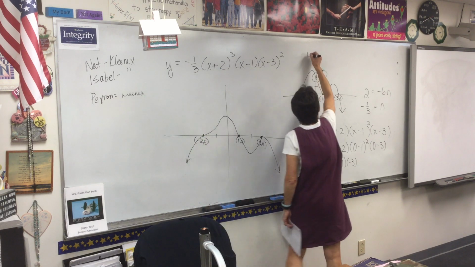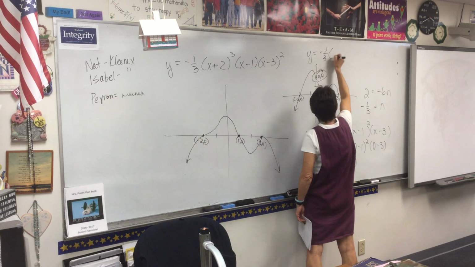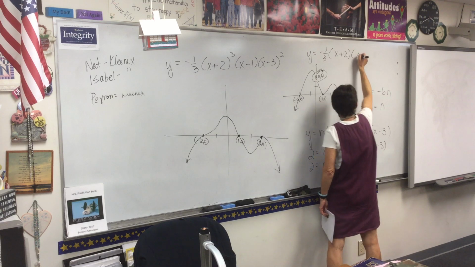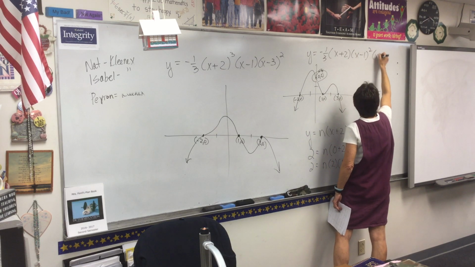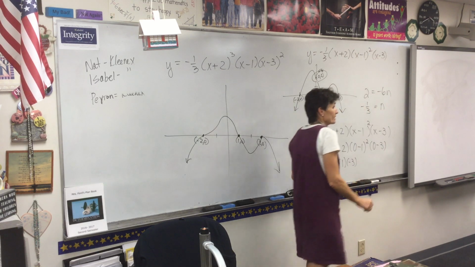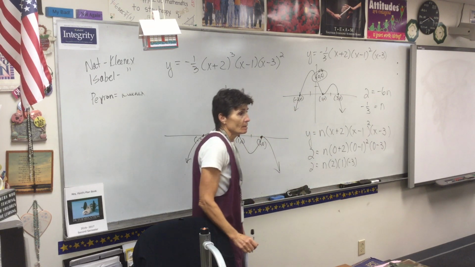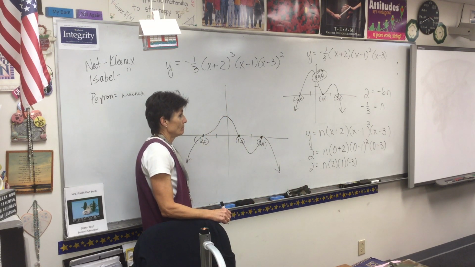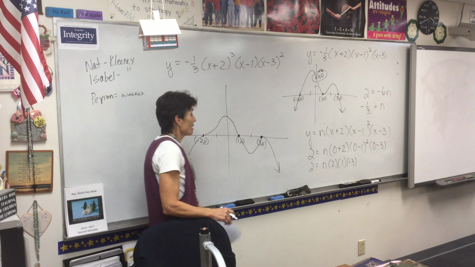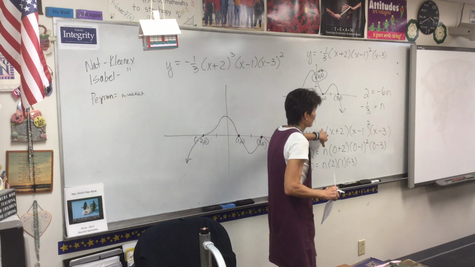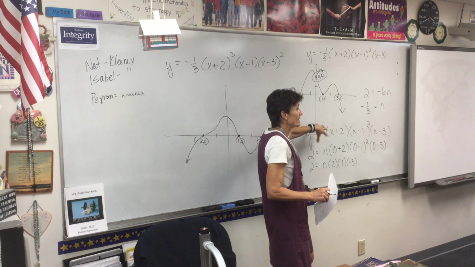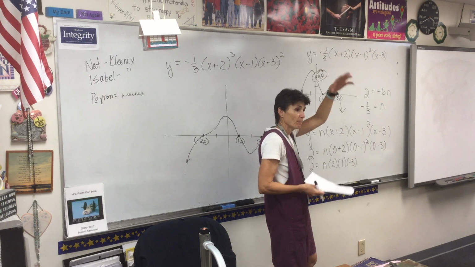So my equation is y equals -1/3, x plus 2, x minus 1 squared, x minus 3. Nicely done. This number is what gives the verticalness to the problem.